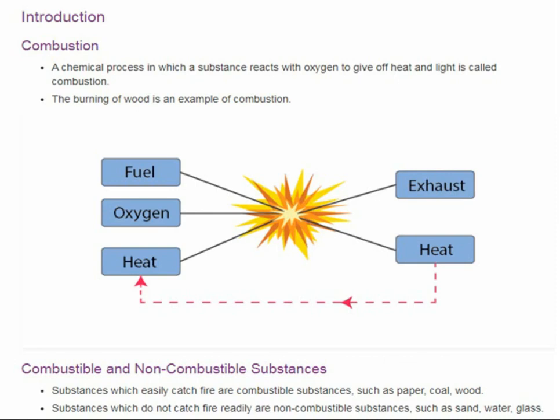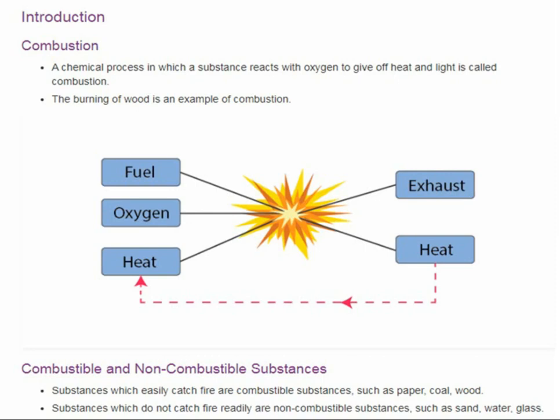So first we are going to start with the introduction. Now, combustion is a chemical process in which a substance reacts with oxygen to give off heat and light. As you have seen, whenever your mother burns a stove, it produces fire. So this is known as combustion, in which the fuel reacts with oxygen and gives off both heat and light.